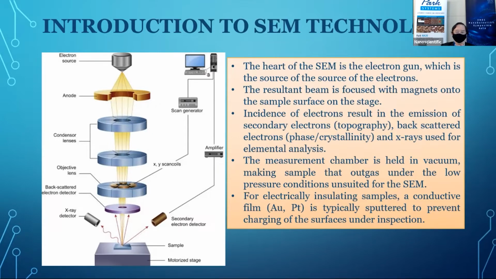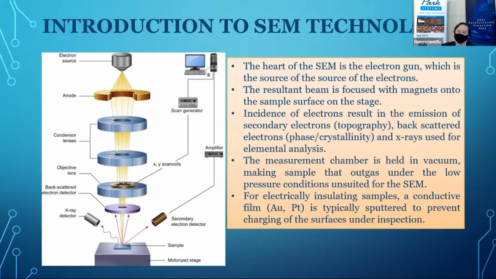Now, one of the key problems with the SEM system is the fact that it is done in vacuum as compared to an AFM, which is basically in atmosphere. Moreover, with a SEM, a significant amount of sample preparation is required.